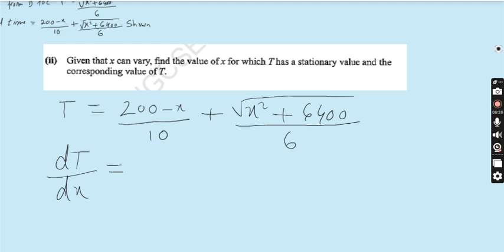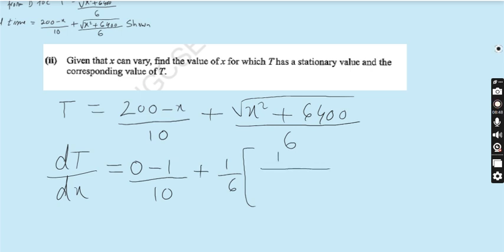So 200 minus x upon 10, derivative. The derivative of 200 is 0, minus x derivative is 1, upon 10, plus 1 upon 6 times the derivative of the square root of x square plus 6400.